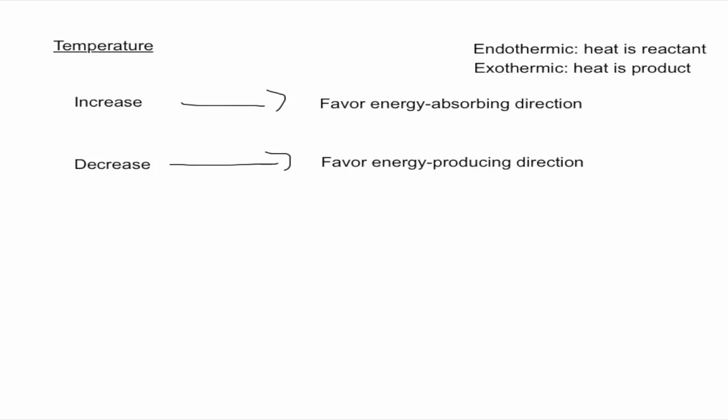A very easy way to remember this: if you increase temperature, it's going to get hotter, right? So you want to turn it down. You want to get it cooler. So when you increase, it's the opposite. You want to lower it. When you decrease, it's getting too cold, so you want to turn up the heat. So just think of it as an opposite shift, like before.